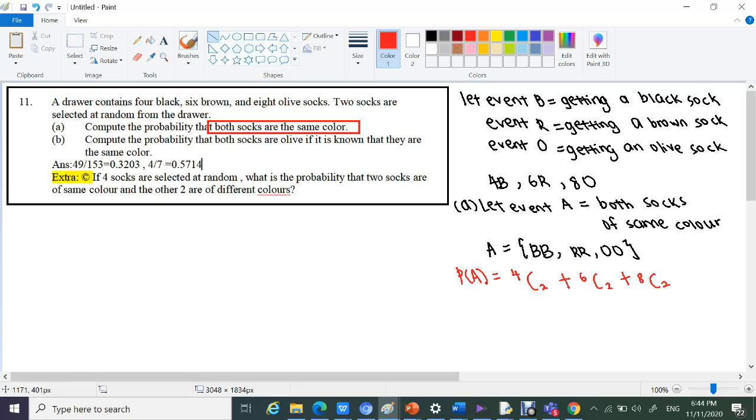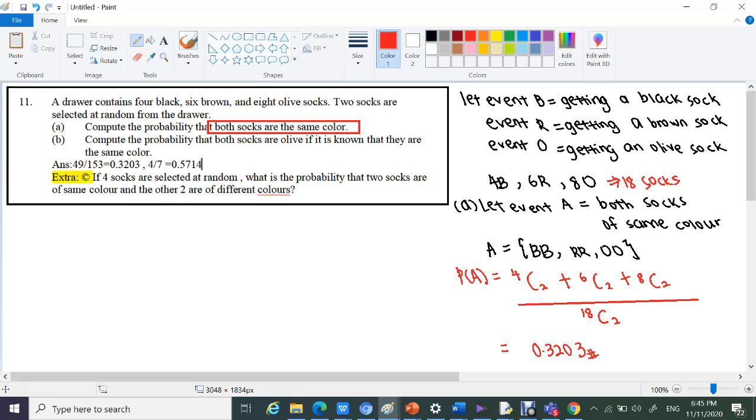And we divide this by all the total socks we have. We have 18 socks because 4 plus 6 plus 8 gives us 18 socks. So in these 18 socks, we are going to choose 2 socks of the same color. Use a calculator, and you will get 0.3203. This will be the answer to our first question.